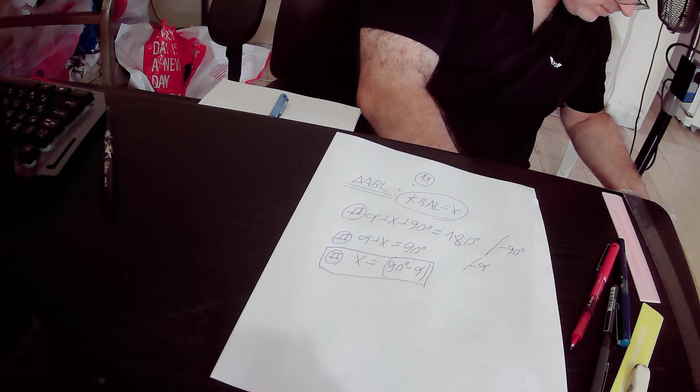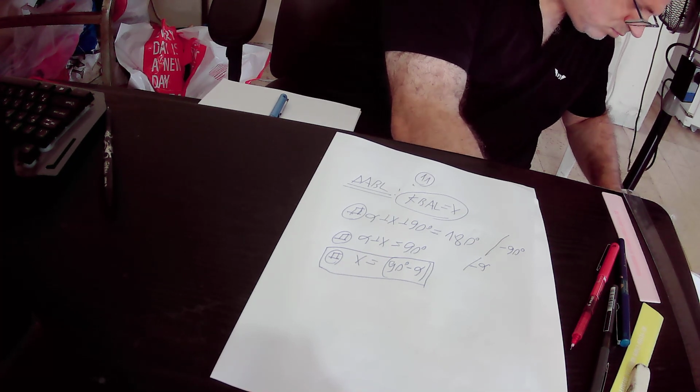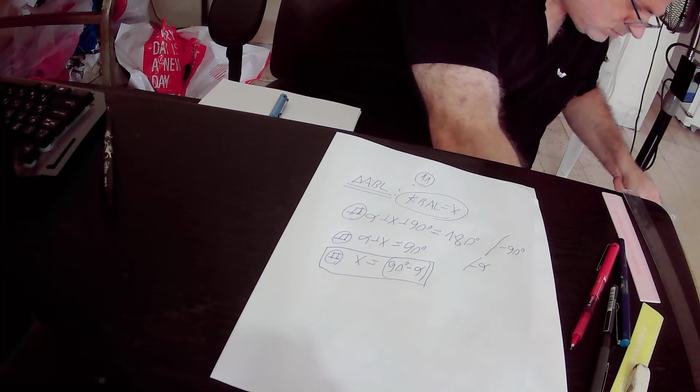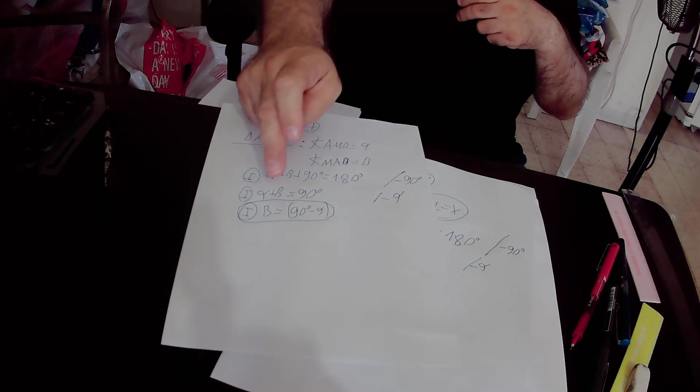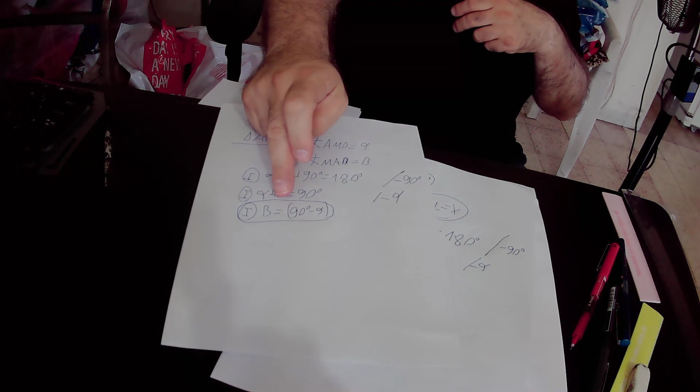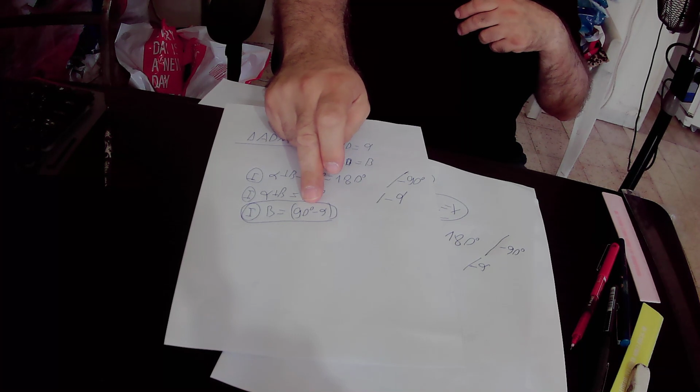But we know from equation number 1, equation number 1 states that beta also equals 90 degrees minus alpha.